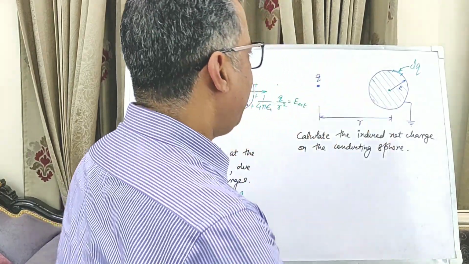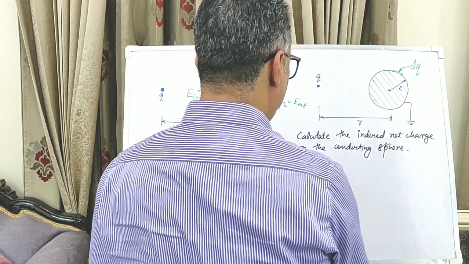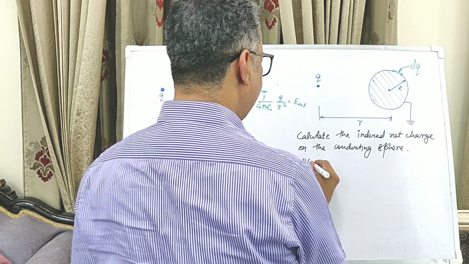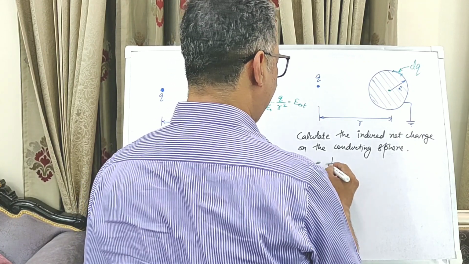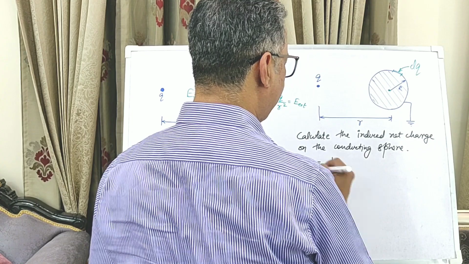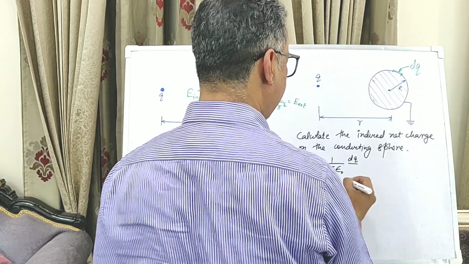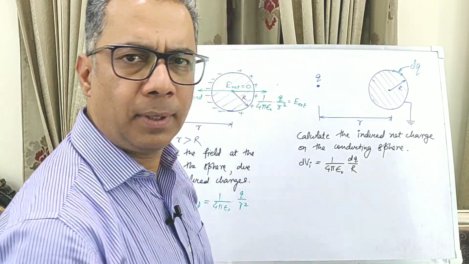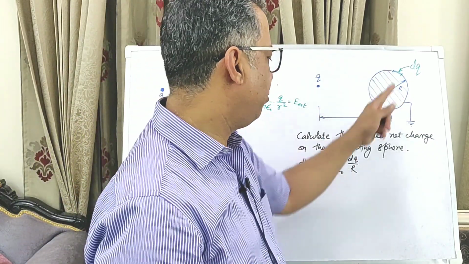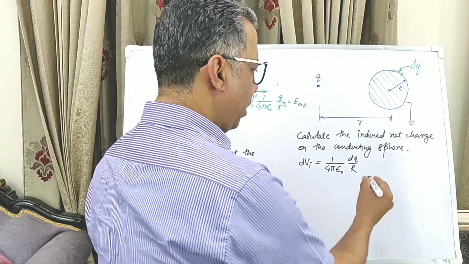Now because of this dq, the potential dVi at the center will be 1 by 4 pi epsilon naught dq by this distance, and that's R. So this is the potential due to dq at the center of the sphere.